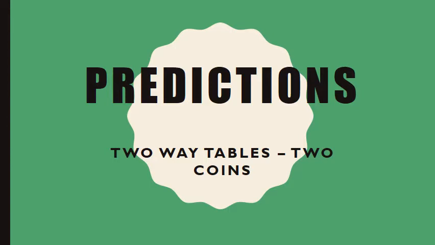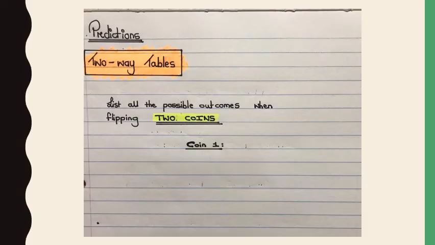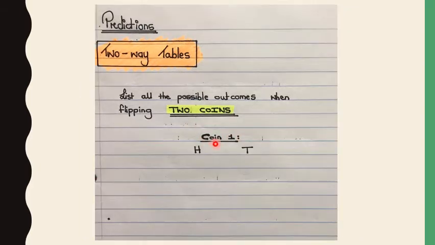And how do we draw a two-way table? By representing if we are tossing two coins. First of all, we're going to have a look at the two coins. You want to write down all the possible outcomes that you can get with coin number 1.